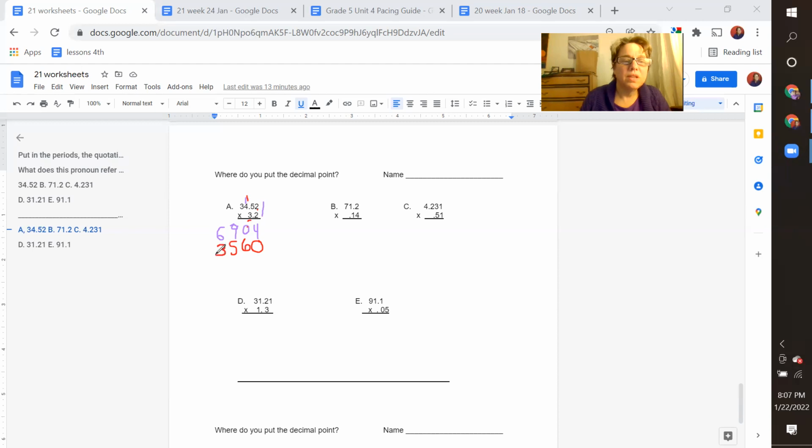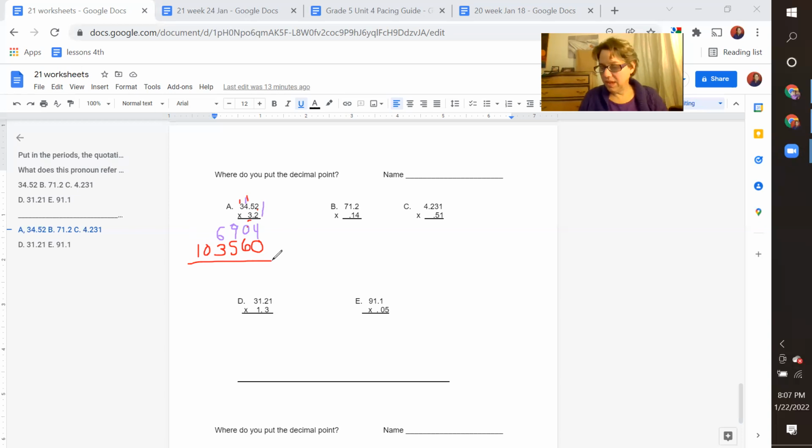I'm putting the 3 carefully underneath the 6 and carrying the 1. And 3 times 3 is 9, plus 1 is 10. There's no other place to put a 1, so I just put the 1 here.